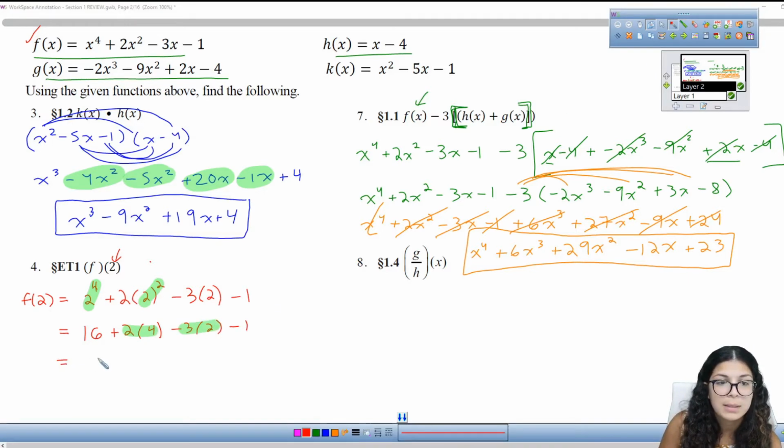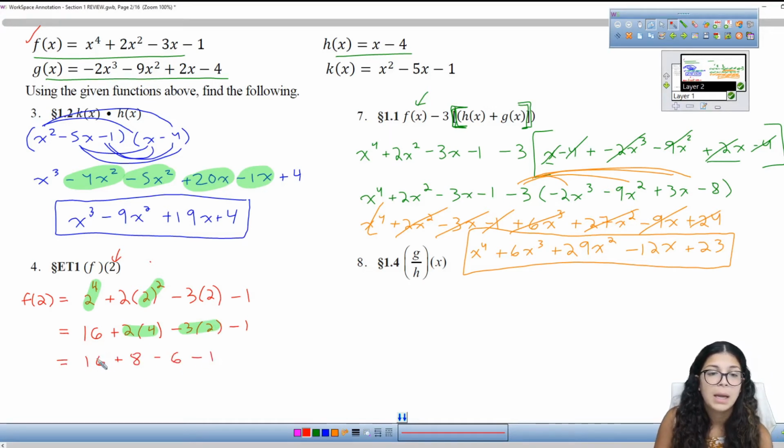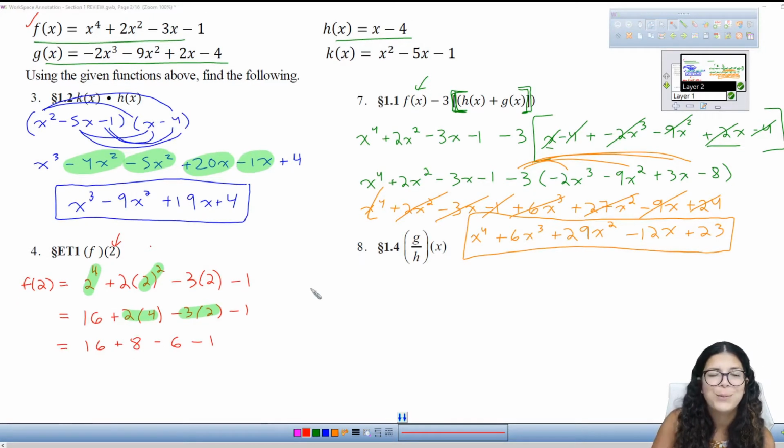So we end up with 16 plus 8 minus 6 minus 1. And now we can do addition and subtraction from left to right. 16 plus 8 is 24. And then 24 minus 6 is 18. And 18 minus 1 is 17.